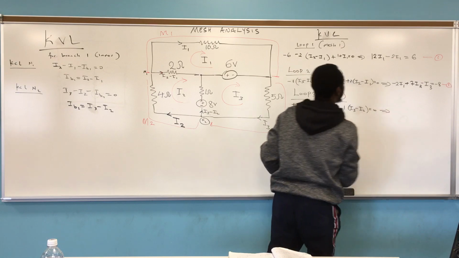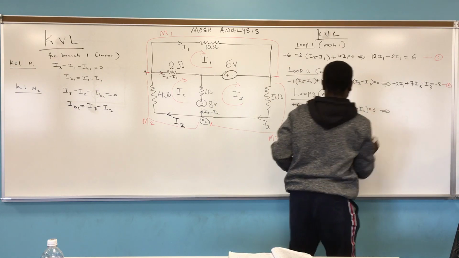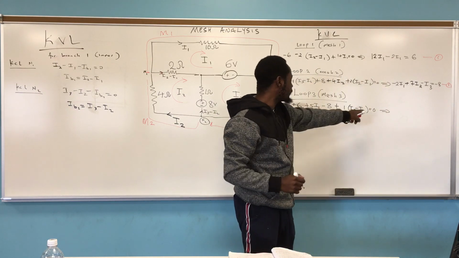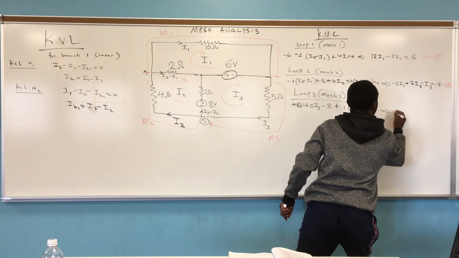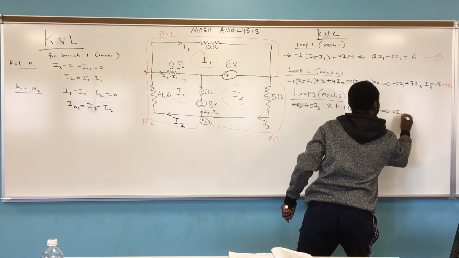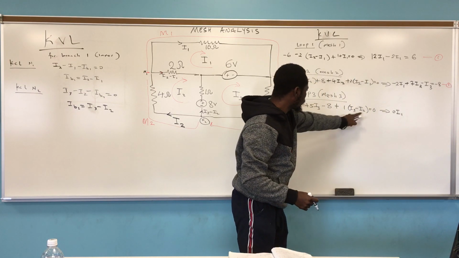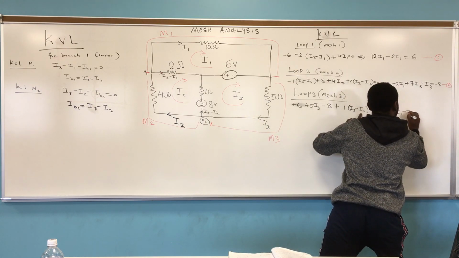So we have this. Rearrange. We don't have I1, so I can write 0 I1. I2 is only this one, so minus I2.